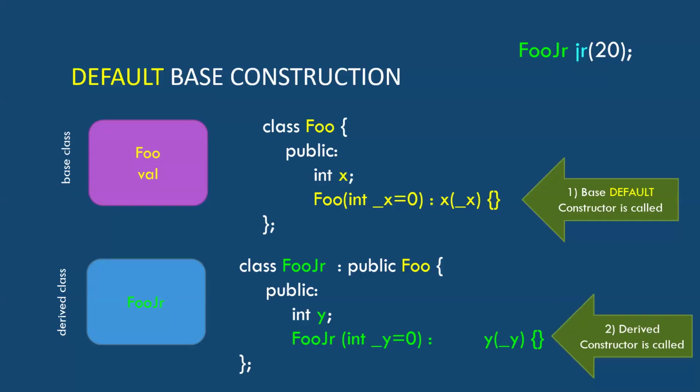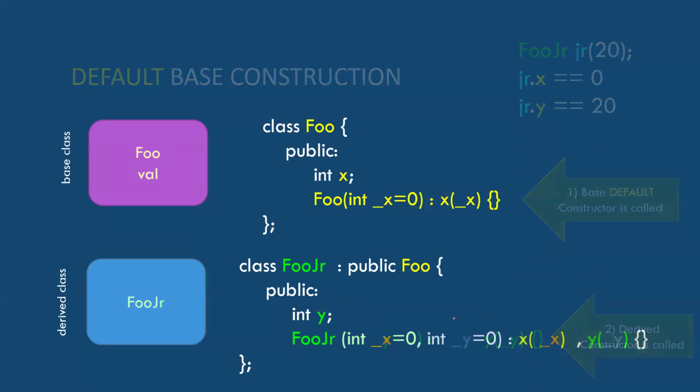Here's our derived constructor, and I've just used my constructor initializer list to initialize the y. I'm initializing this y with the value that's passed into my Foo Jr. constructor, and I'm letting the default value initialize the x, which is kind of useless. I didn't really have any specific stuff that I wanted to do to the x there. So we've seen that, we can do that.